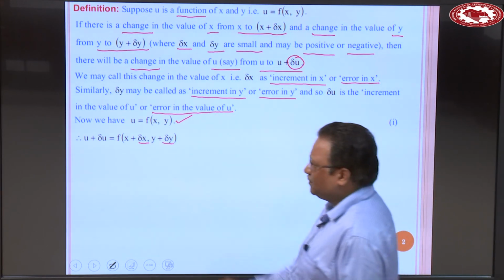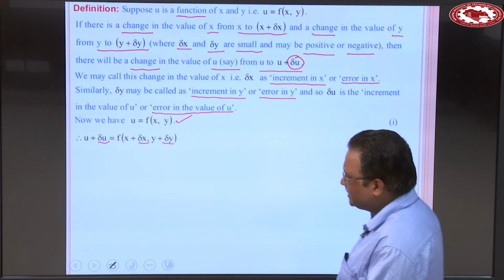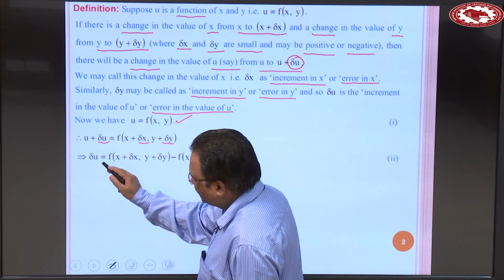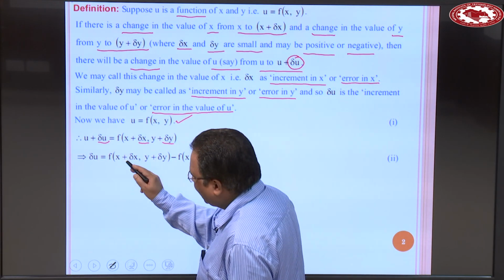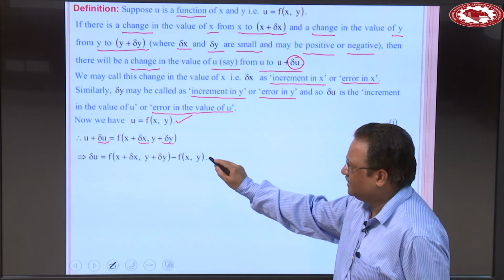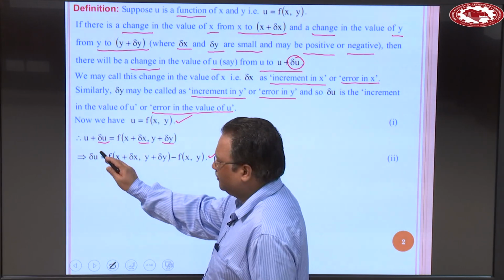So delta u is equal to f of x plus delta x, y plus delta y, minus f of x, y. Our purpose is to evaluate this value.